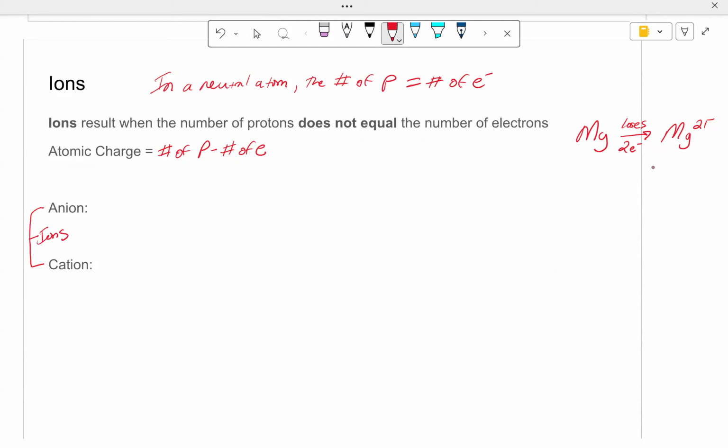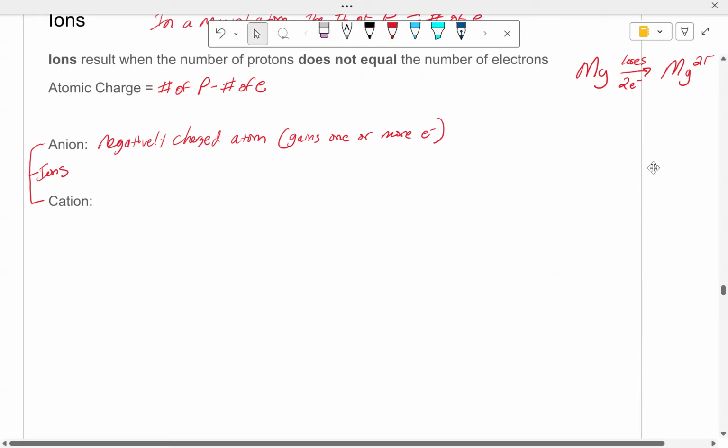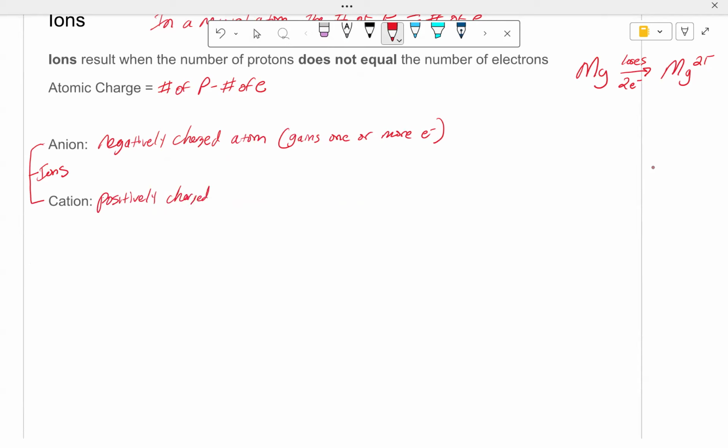An anion is a negatively charged atom. And the way an atom becomes an anion is it gains 1 or more electrons. And a cation is a positively charged atom.